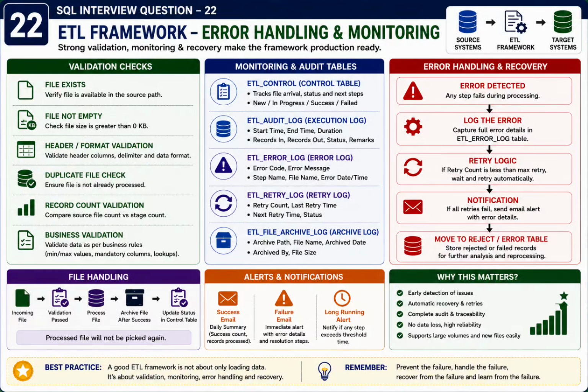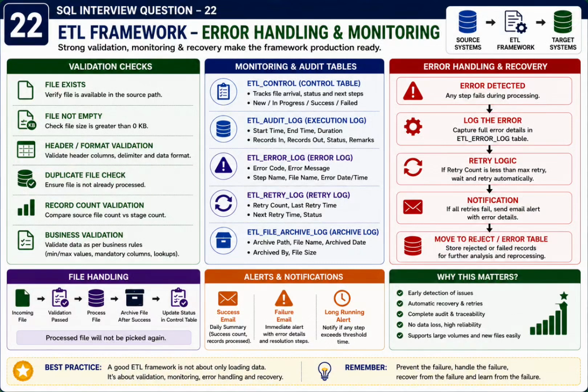audit tables. For example, ETL control tables, execution log, error log, retry log, and file archive log. If any step fails, the error details are captured immediately in the logs. If the retry count allows, the framework retries automatically after a configured interval.